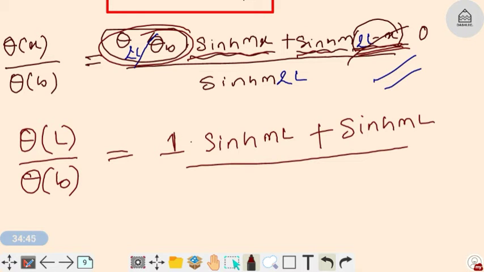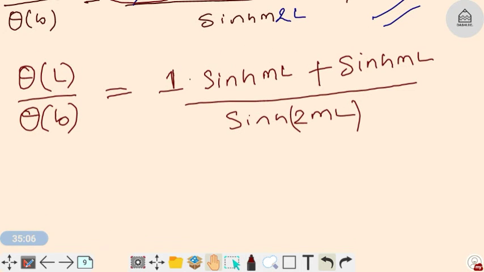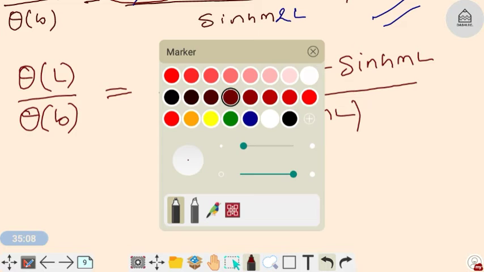Yes, divided by sine hyperbolic of m into 2L, that is 2ml.